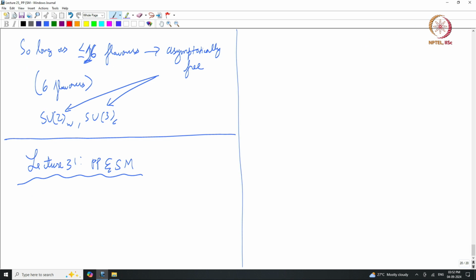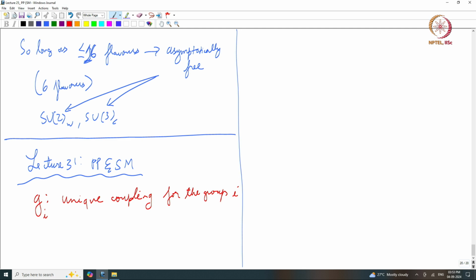So, because it is allowed by the structure, you cannot help but writing it down, and that is exactly what determines the interaction strength of that theory. Okay. In other words, G is a unique coupling, let me call it a G_I, for the group which I am going to label by I.